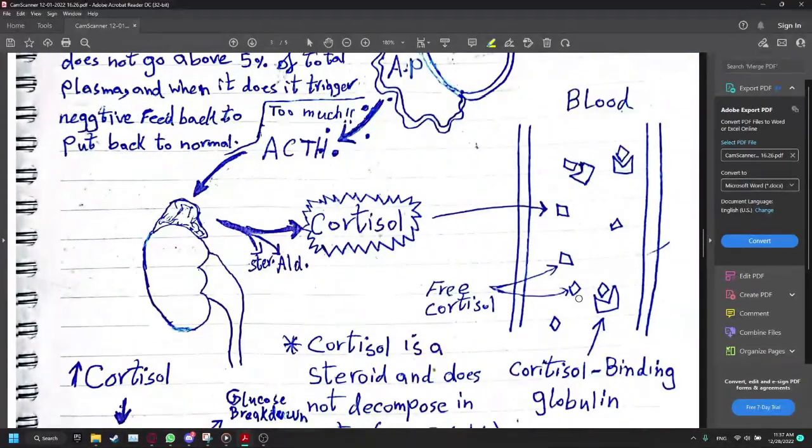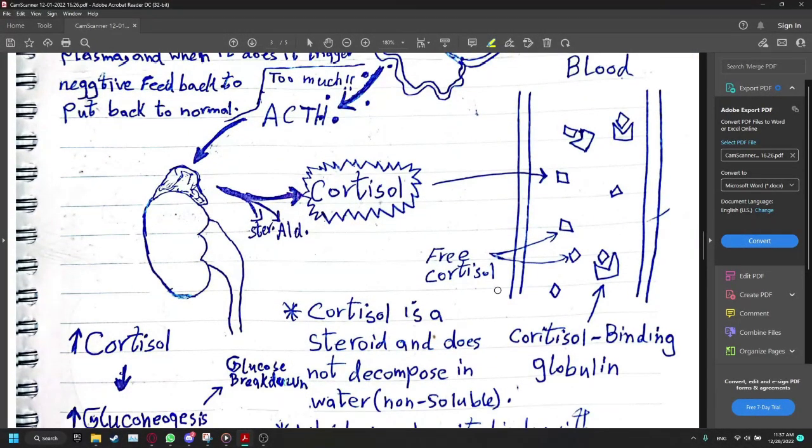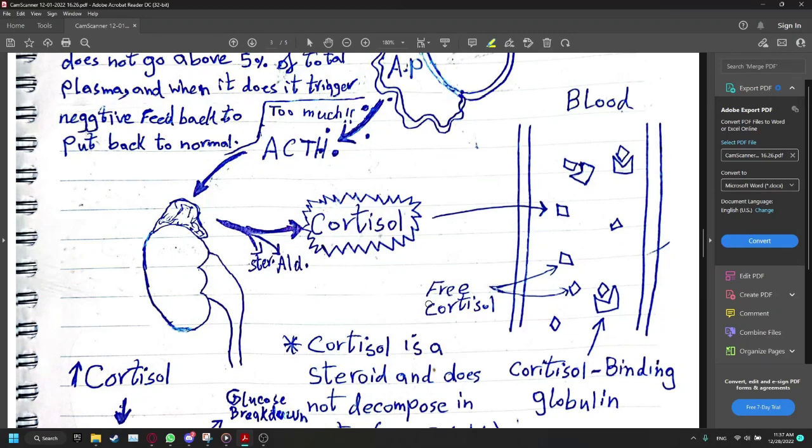Those carriers exist because it's a steroid, and it can easily bind to a lot of things, so it needs a carrier so it doesn't get through the arterial walls, because it's that small.